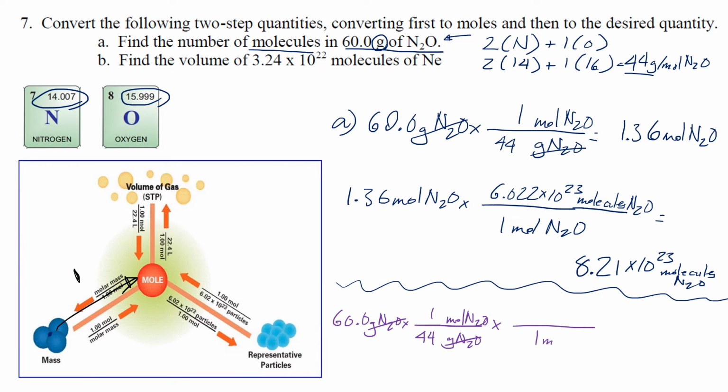For every 1 mole of N2O, we have 6.022 times 10 to the 23rd molecules. If you do that all at once instead of writing it in two different steps, you should end up with the same answer, 8.21 times 10 to the 23rd molecules of dinitrogen oxide. Good.